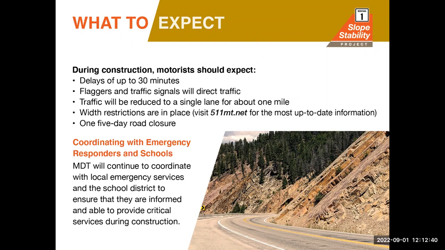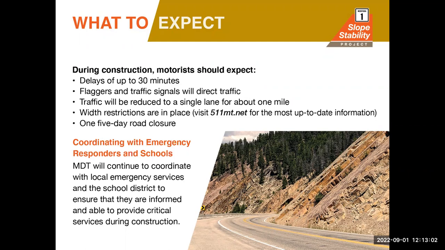Thank you, Daryl. I'm going to talk traffic control and what to expect during construction. MDT and the contractor plan to maintain alternating single lane traffic with signals and flaggers during the daytime hours. The work zone is a little less than 1 mile long.